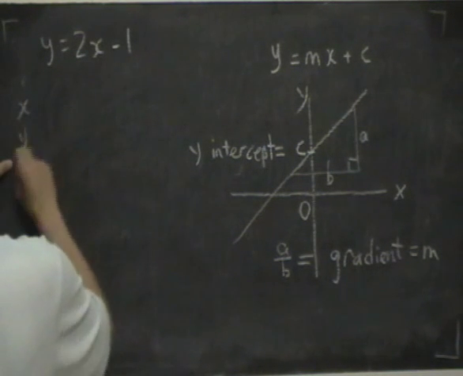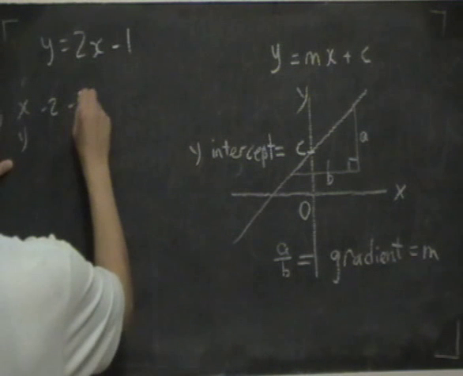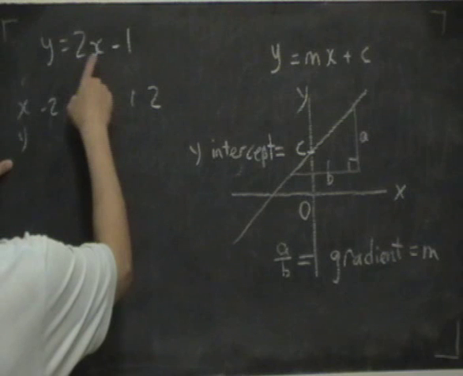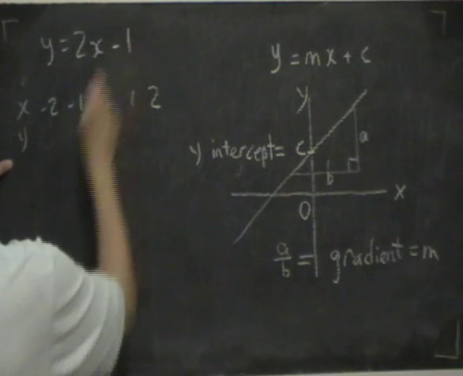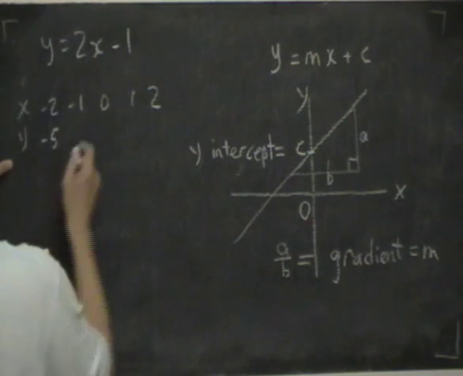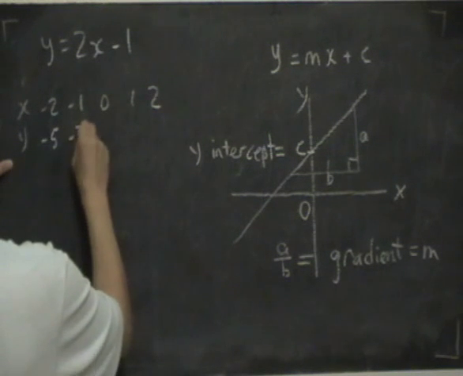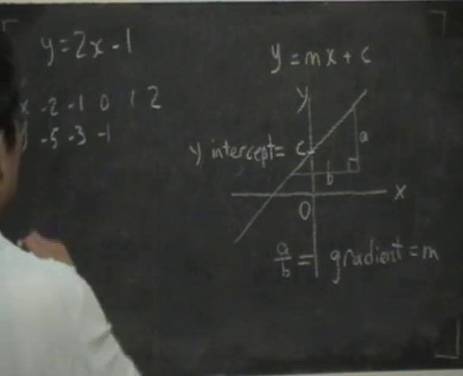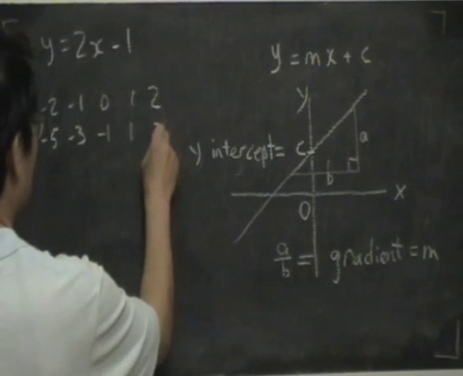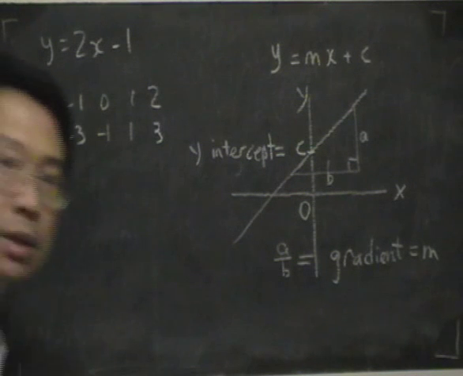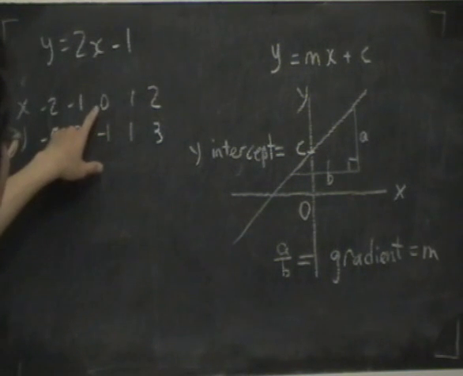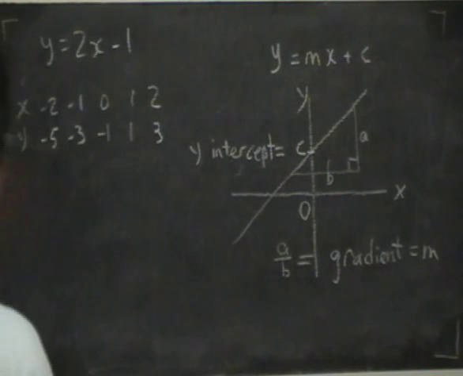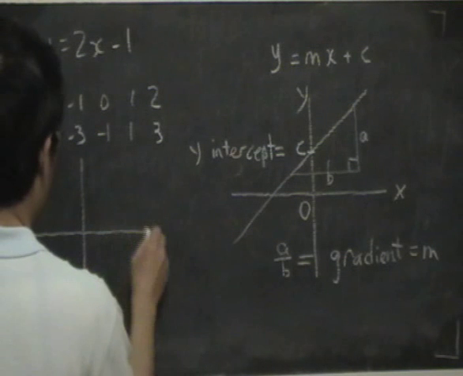So x, y, so let me go minus 2, minus 1, 0, 1, 2. So y would be minus 2 times 2 is minus 4, minus 4, minus 1 is minus 5. So you keep going, you get minus 3, minus 1, 1 and 3. So already you see that the answer is yes, because when x is 0, y is minus 1, and that should be the intercept. But let's plot it out really quickly.